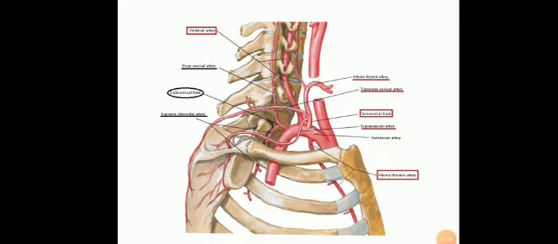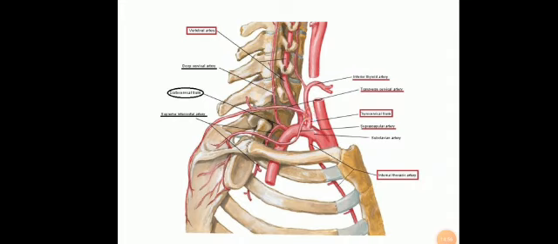Vertebral artery is the artery that supplies the brain. Internal thoracic artery supplies the anterior thoracic wall. And thyrocervical trunk, from its name, is divided into inferior thyroid artery.